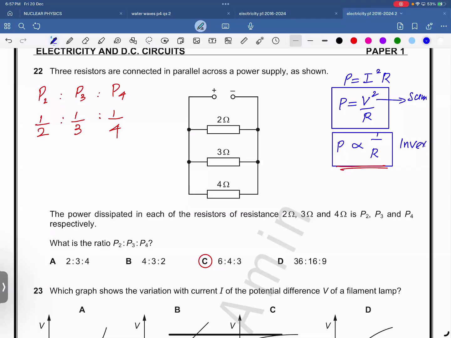You can multiply ratios by any number. I will multiply by 12, because 12 is their LCM. So 6, 4, 3. Option C. Multiply all of them by one number, just like in IGCSE when simplifying ratios. You can multiply or divide by the same number each time. The option is C.